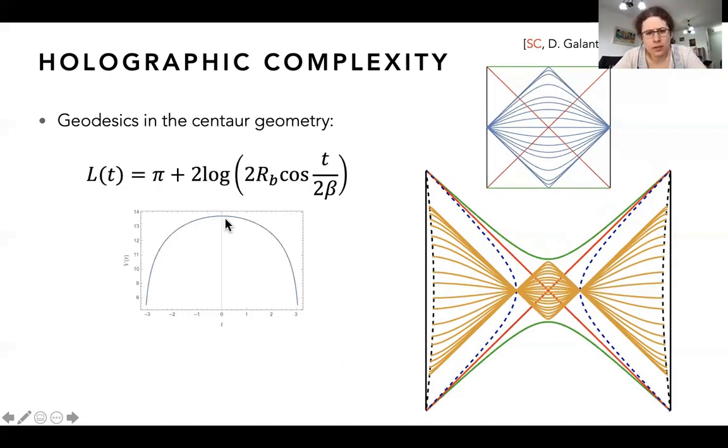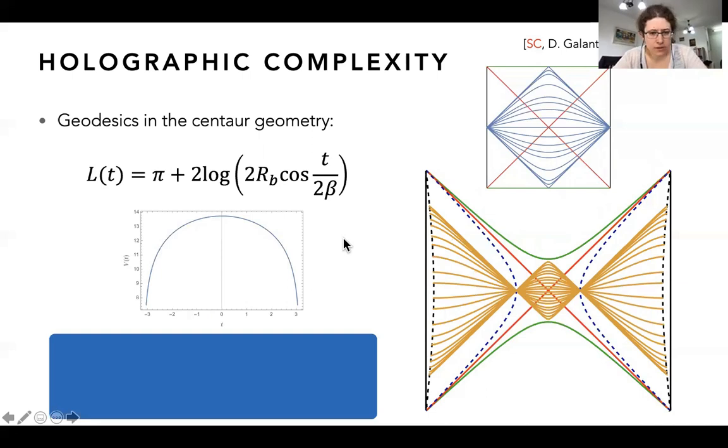So essentially, this looks quite different from what we see in AdS in the following sense. First, as a consequence of the fact that geodesics in de Sitter don't exist between any two points, this projects to the AdS boundary. And so it turns out that geodesics don't exist at all times.